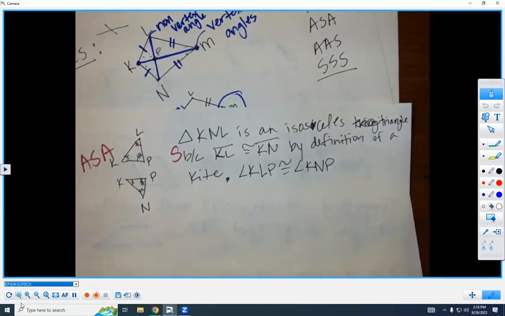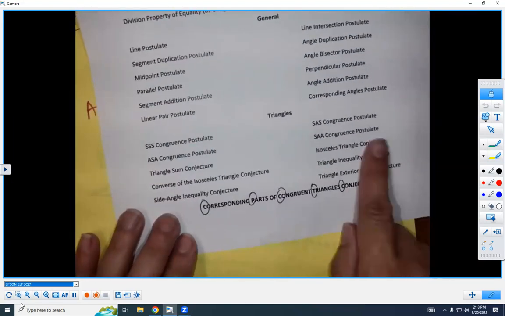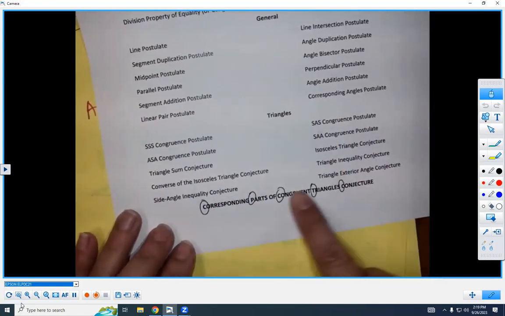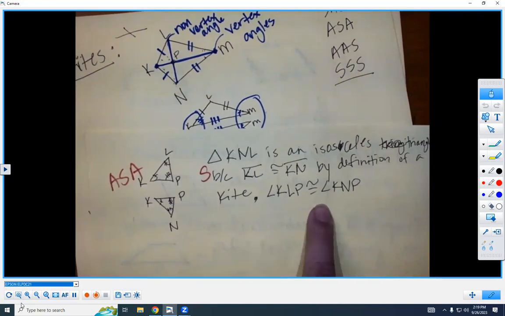By words? Definition of an isosceles. This is the biggest mistake that people make this semester. So real fast, I'm going to pull out my word bank that you get to use on your test. Because if you were taking a test, this is where you would be looking for your stuff, right? So I'm going to use this isosceles triangle stuff. And she says that these angles are congruent by definition of an isosceles triangle.